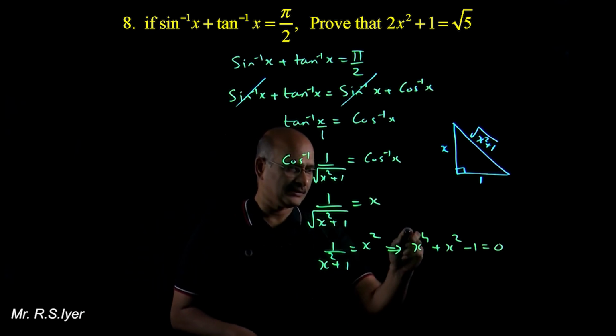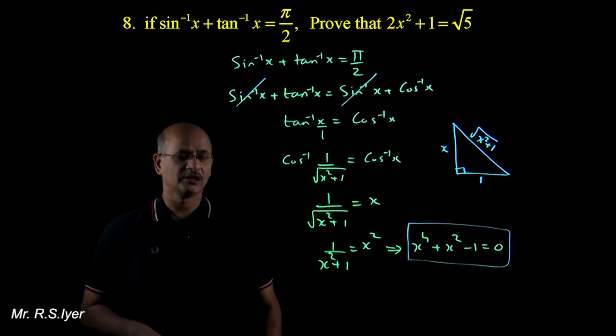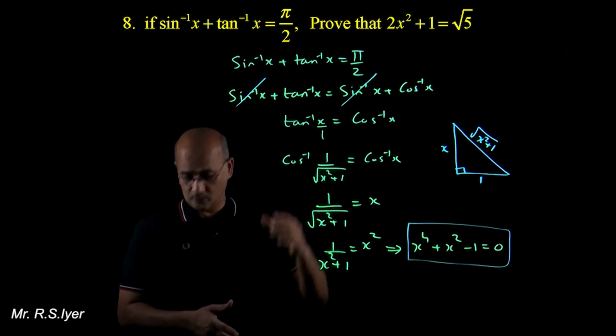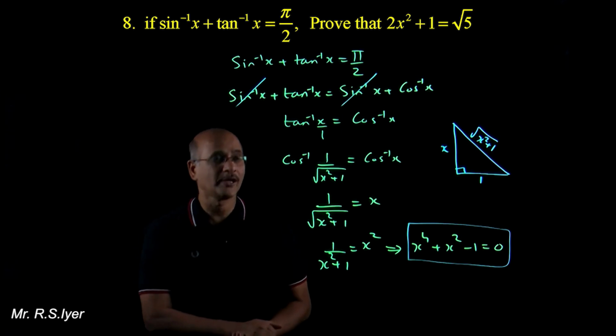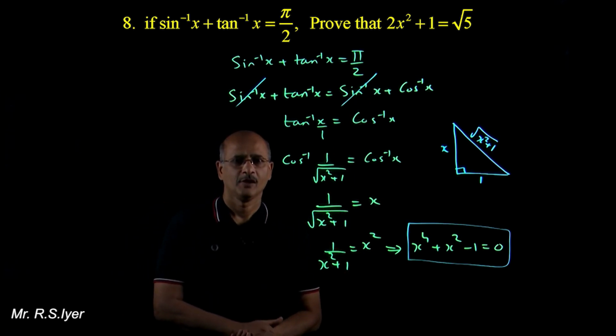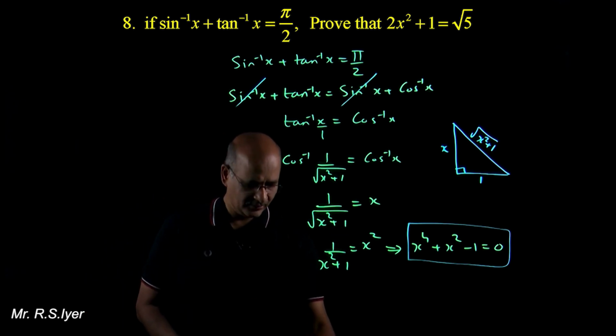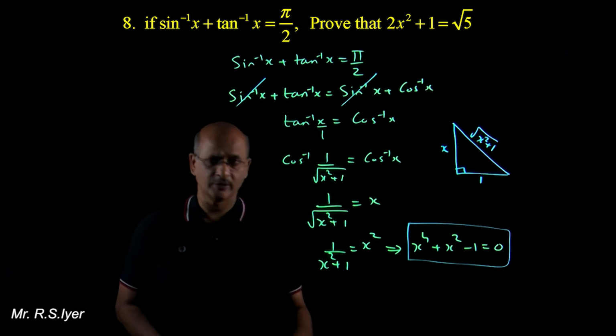What happens? Check this. It is a 4th degree polynomial and they are asking us to prove 2x square plus 1 is equal to root 5. There is no trace. Fine, I just push my equation this side and try to evolve this part carefully.